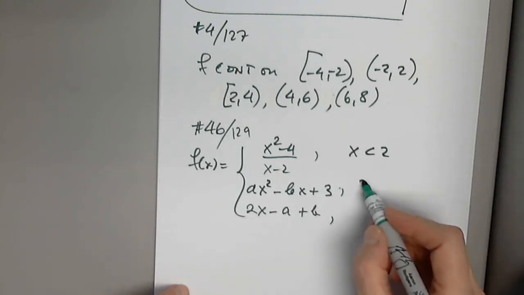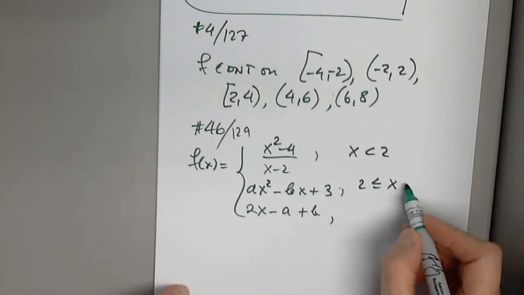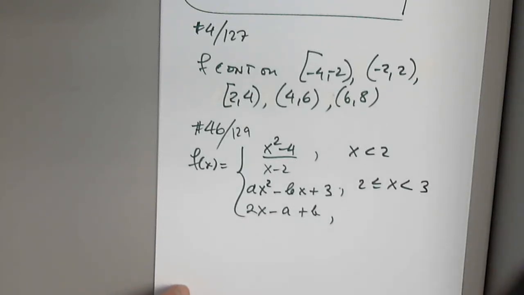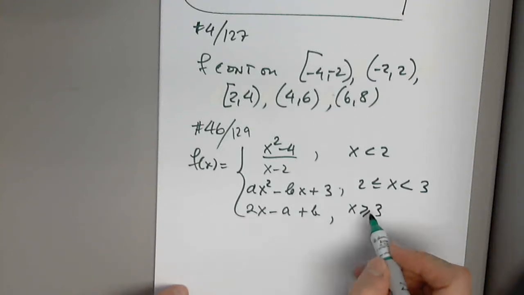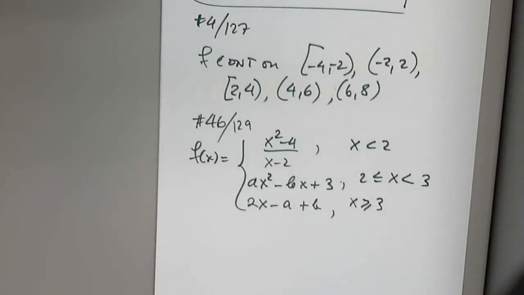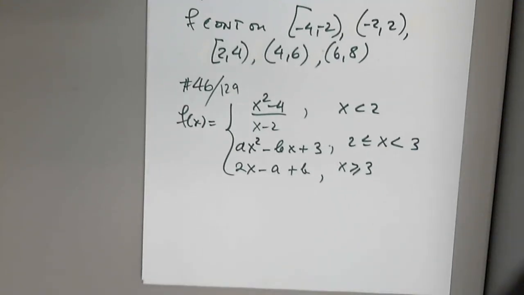The next one is from 2, closed at 2, to less than 3, and the last is greater than or equal to 3. It looks like a very complicated situation. Here's the question. Find the values of a and b that make this function continuous everywhere.